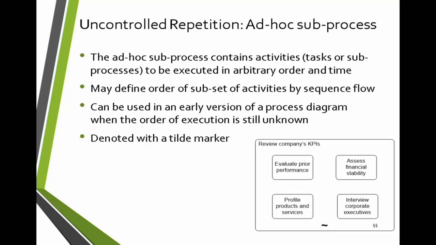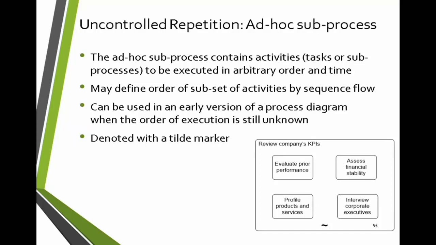Sometimes, I have it here on the second bullet, you still might define some sequence relationships. Suppose that I draw an arc between this activity and this activity, you should interpret it as you interpret an arc in another part of the model. So it means that if I want to assess financial stability, I need to evaluate prior performance first.